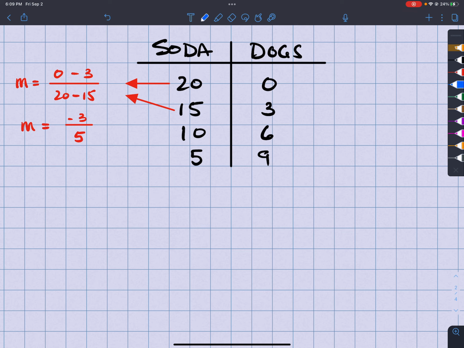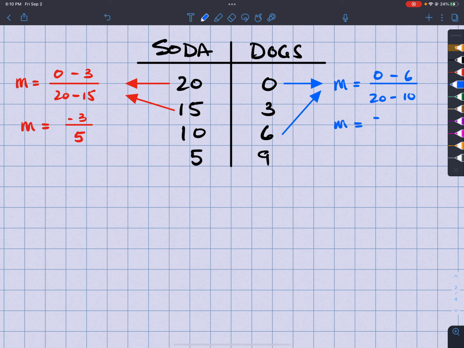Now, what if I took the same one, but then I'm going to take a different point, right? Which is the 10/6. So when I do the slope here, what do I get? I get still the 0 minus 6 over the 20 minus 10. Okay, so if that's the case, let's take a look.